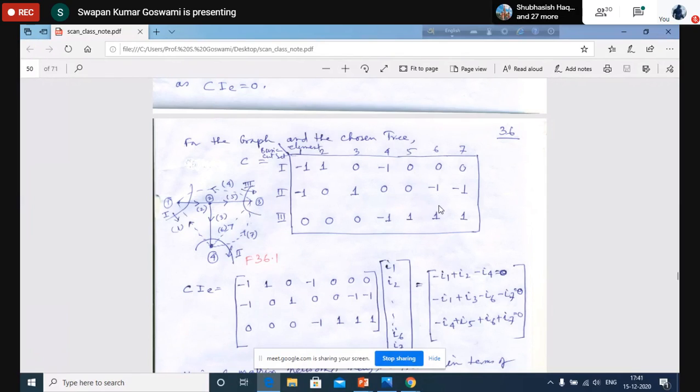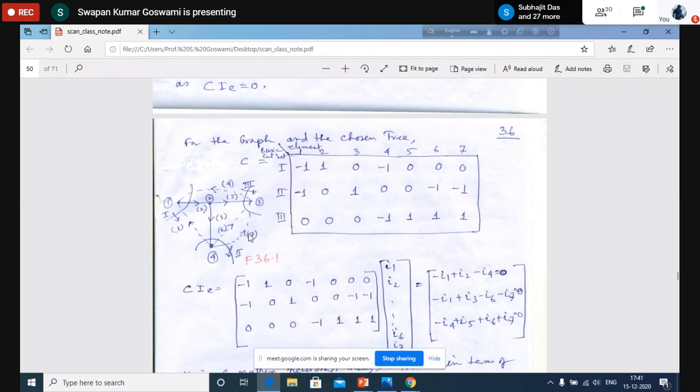Element number 6 is present in two cut sets, cut set 2 and cut set 3. The direction of element 6 and cut set 2 are opposing. The direction of element 6 and cut set 3 are the same. So -1 and +1.